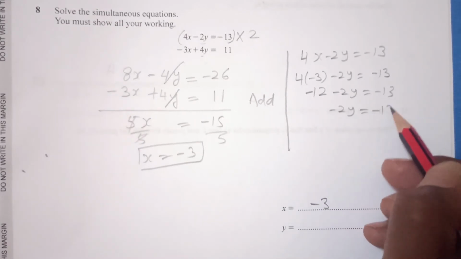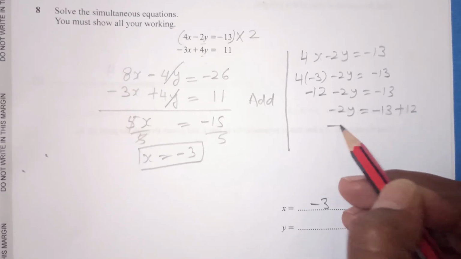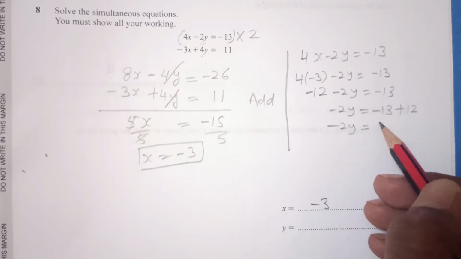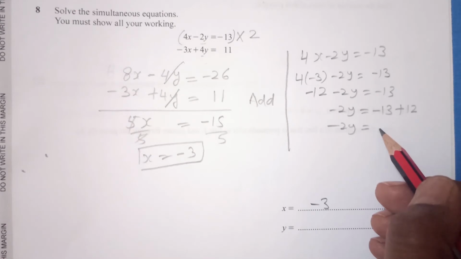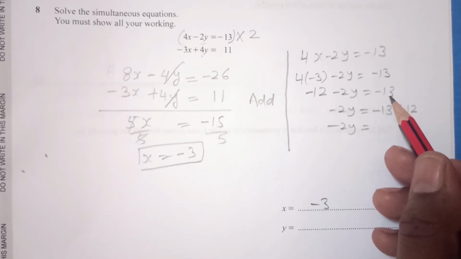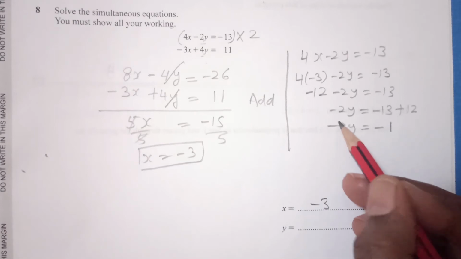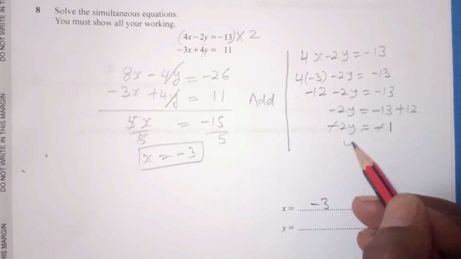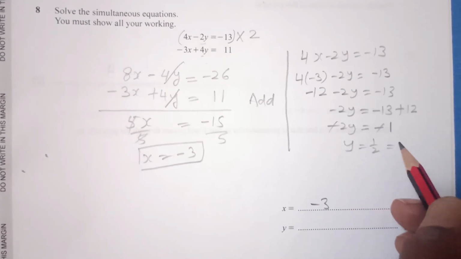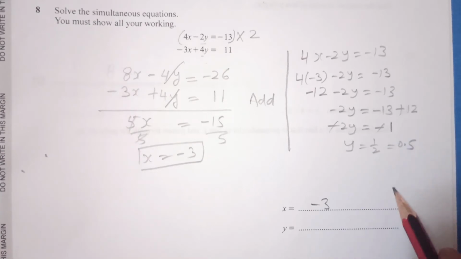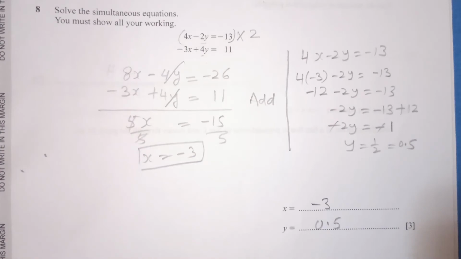So negative 2y is negative 13 plus 12, so it will be negative 1. The negative and negative cancel, so y is a half or 0.5. So the final answer is 0.5.